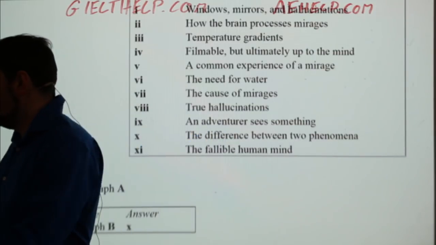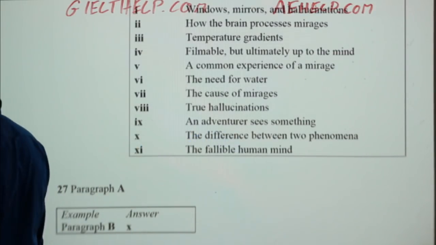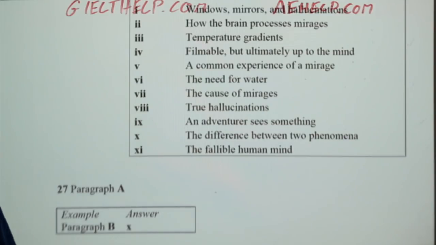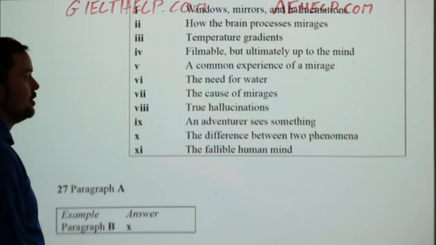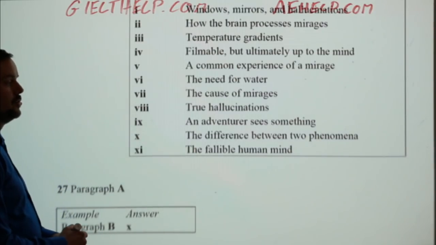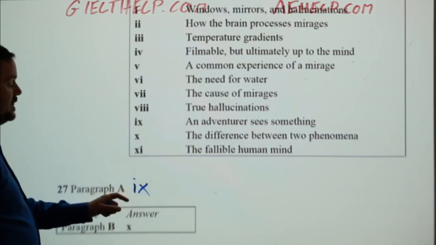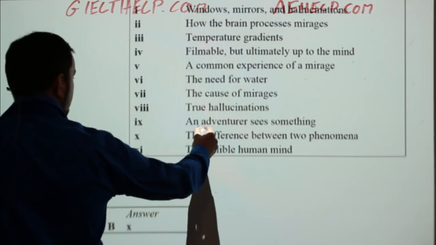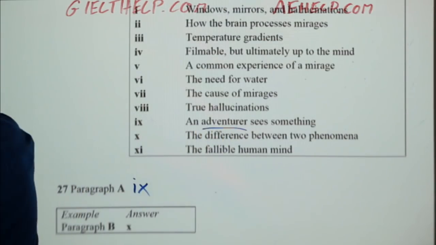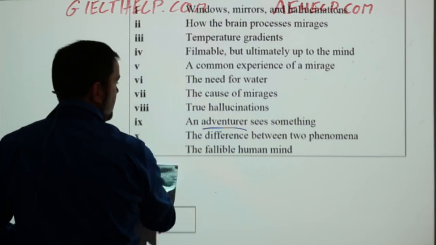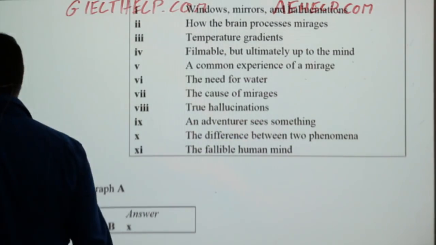Okay? So the correct answer for paragraph A, again, guys, girls, don't get too sad. Remember what I said before, that the first and the last paragraph are the most difficult ones to get correct. So this one here is IX, okay? It is the adventurer, this one here, all right? That's the key word. An adventurer sees something, right?